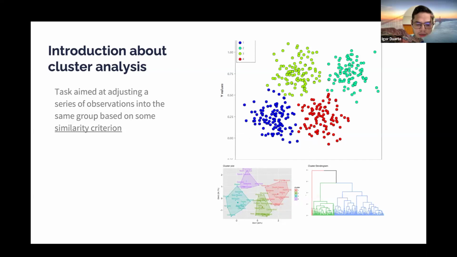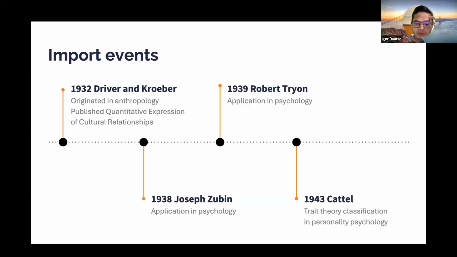So, I start with a brief history. The early records of cluster analysis usage come from two anthropologists, which is very curious, who were interested in similarities between cultures based on a series of common indicators among them. After this, we saw improvements in the methods and application in other areas.